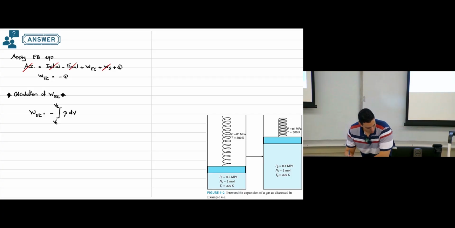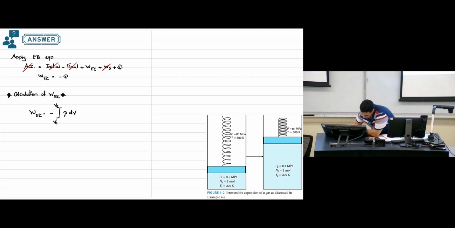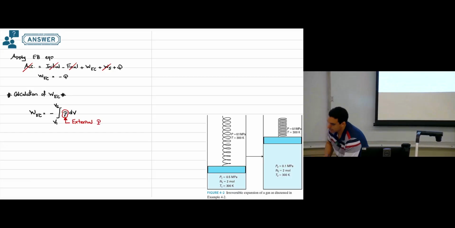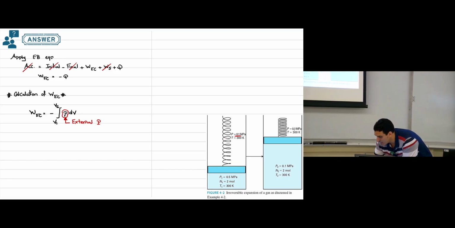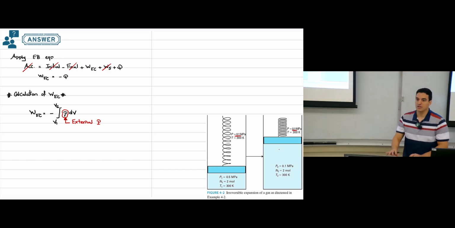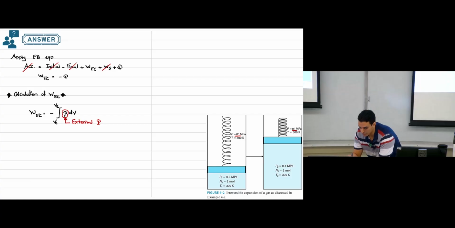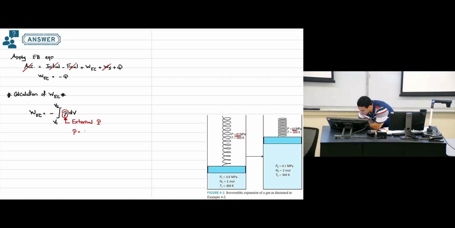For the work of expansion and contraction, the pressure we have here is the external pressure. And the external pressure we have here, initially it was 0.1 megapascal, and finally it remains 0.1 megapascal. So the pressure is constant during the process. So in this example, the pressure is constant, and this pressure is 0.1 megapascal.